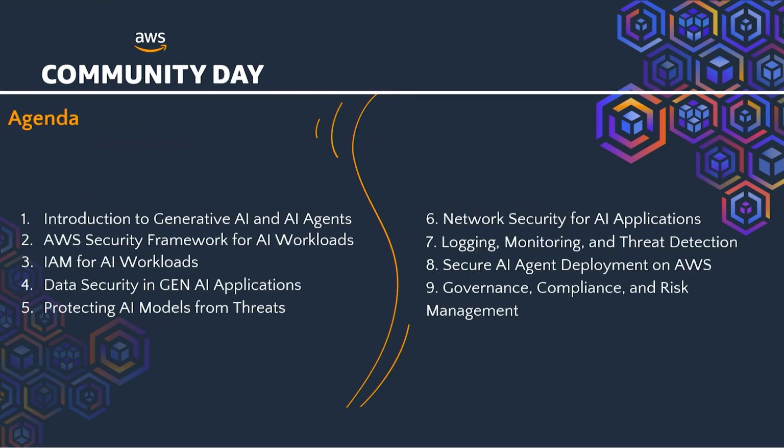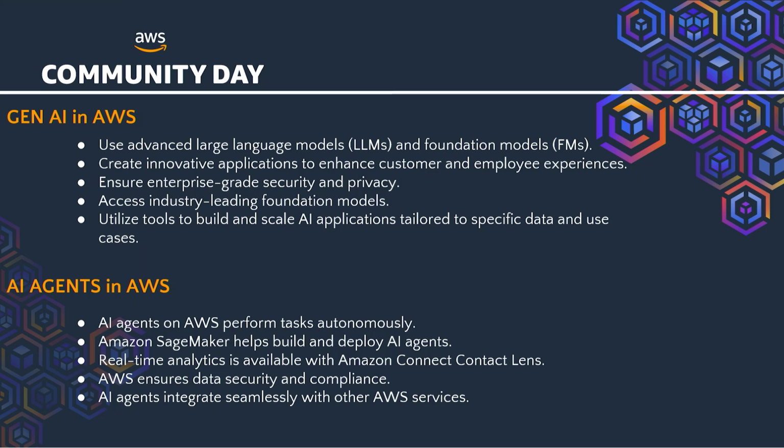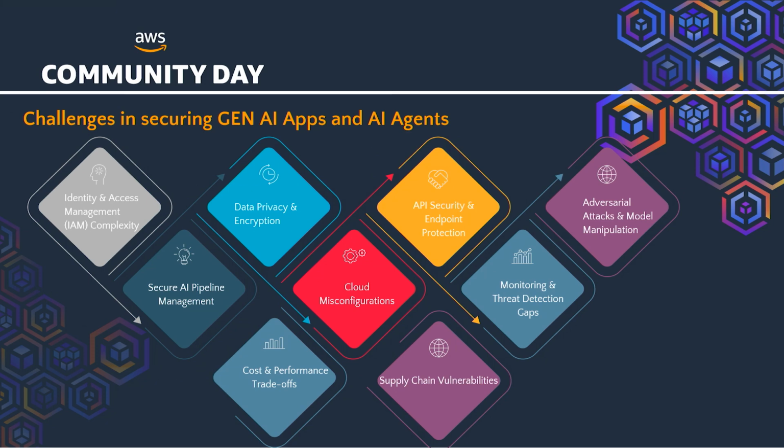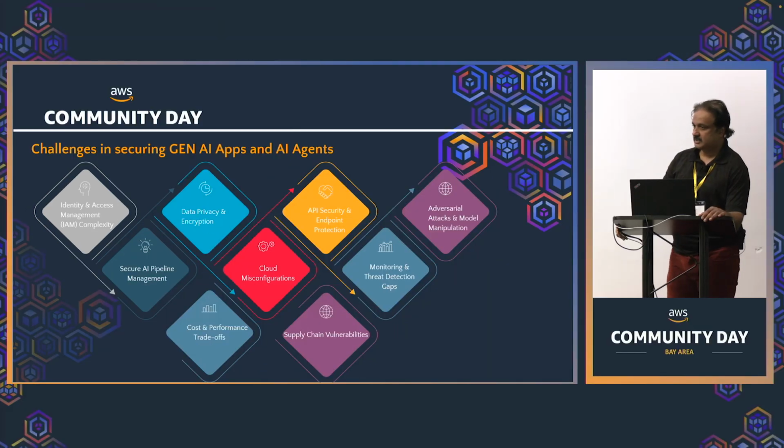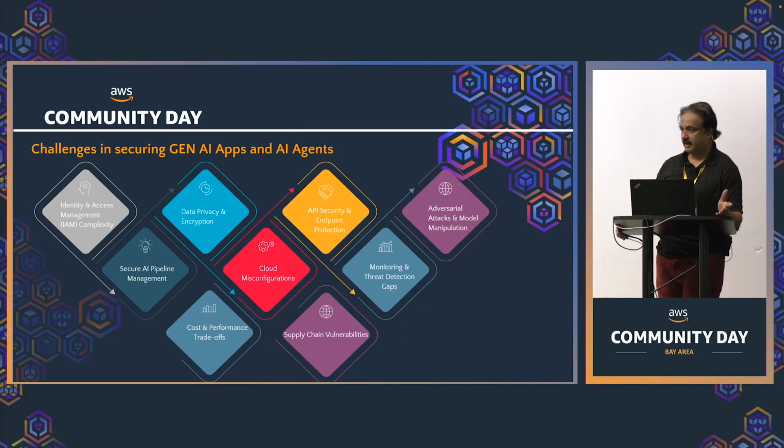We just started, here's the agenda. And we just talked about what Gen AI applications and AI agents are in AWS. The common challenges in securing Gen AI applications and AI agents. Most of it is day to day, you might be familiar with all of this, like identity and access management issues. Of course, when you use data to train your models, you have to protect that data.